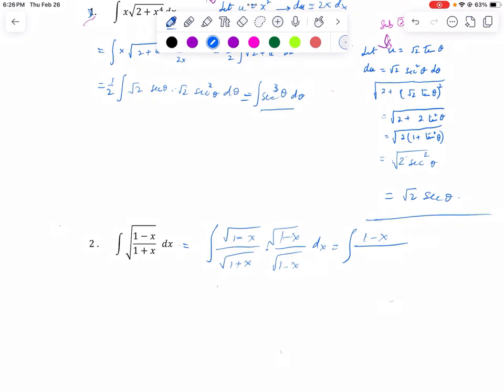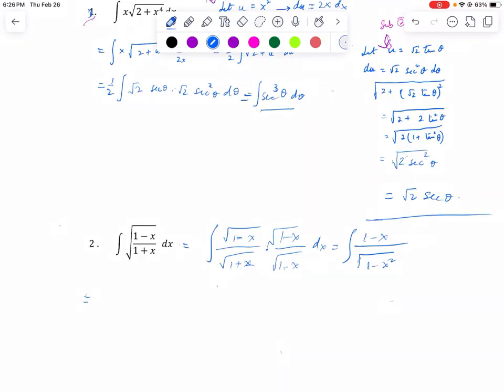The bottom though, now again the property, these two are being multiplied, so we can bring them under one square root sign. So we get square root of 1 minus x squared. Voila! You see something familiar here? Okay, let's move further.